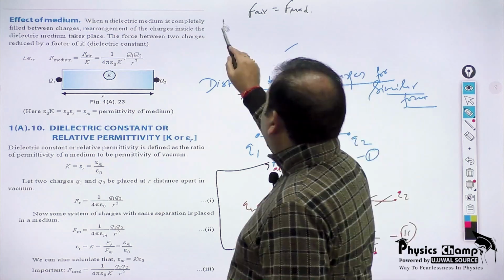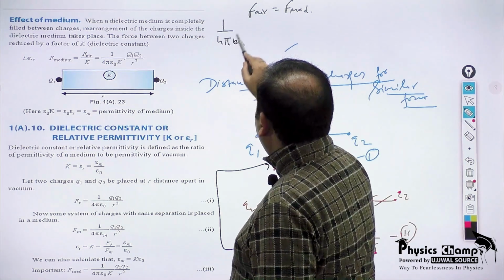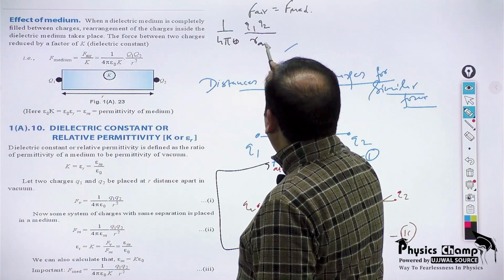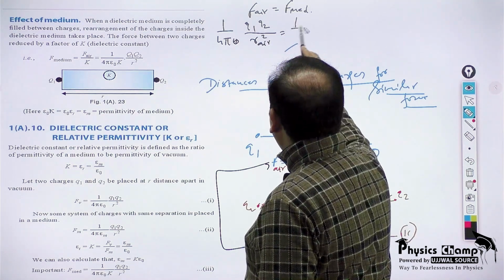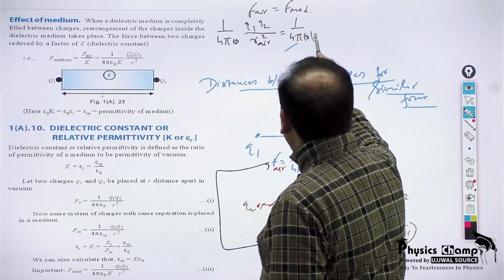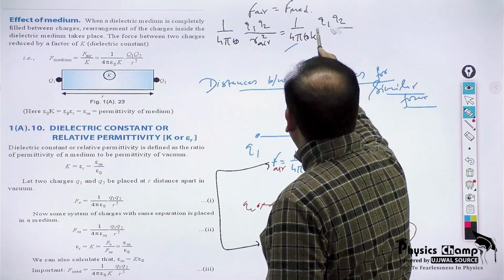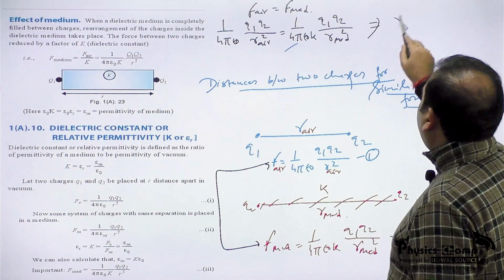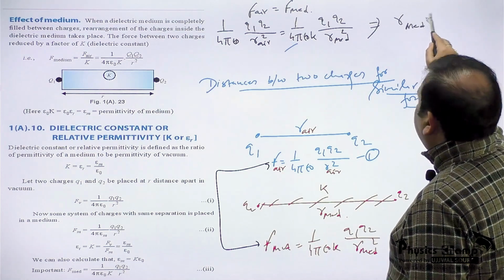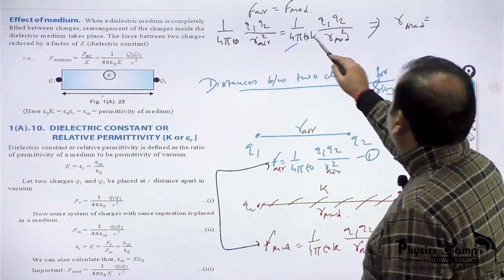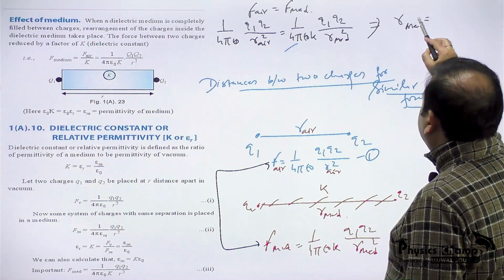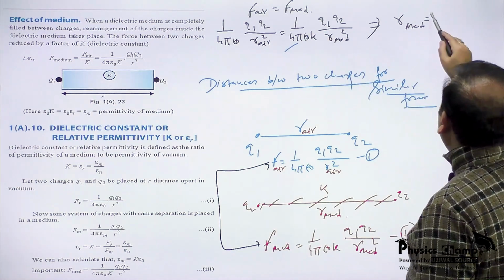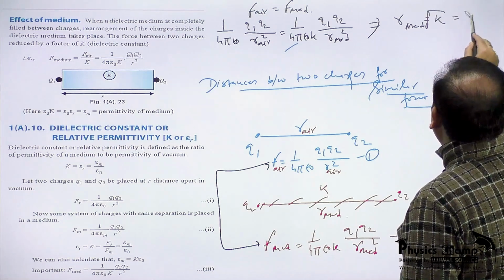So 1 by 4 pi epsilon naught Q1 Q2 by r air square is equal to 1 by 4 pi epsilon naught K Q1 Q2 by r medium square, and I can say r medium square into K is equal to r air square. So r medium into root K is equal to r air.